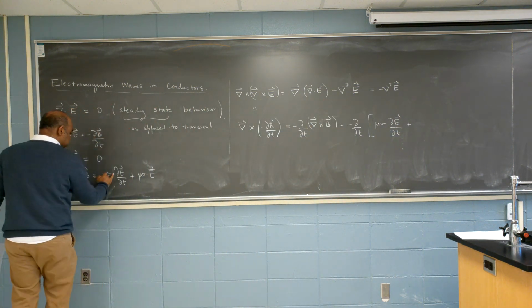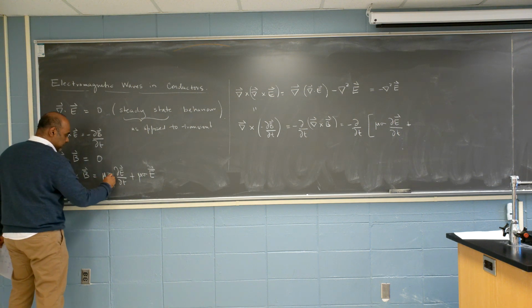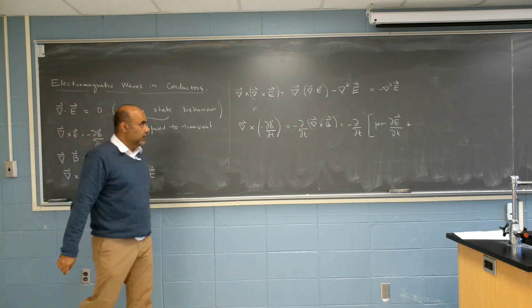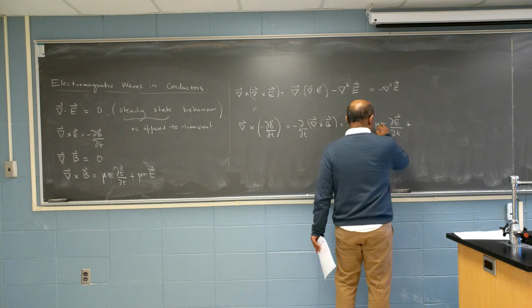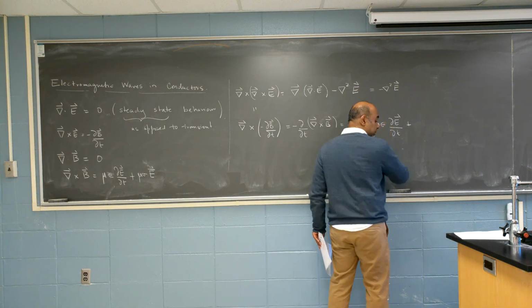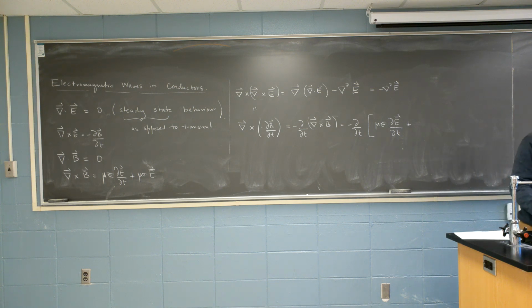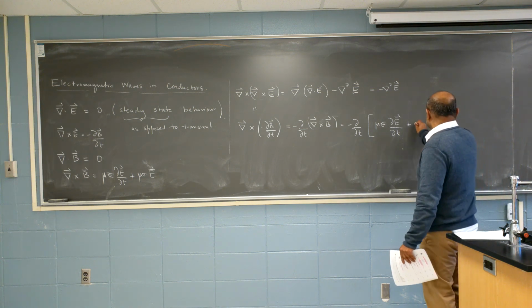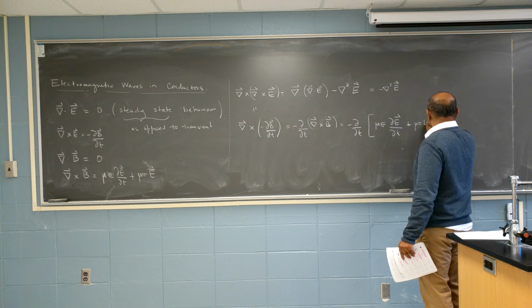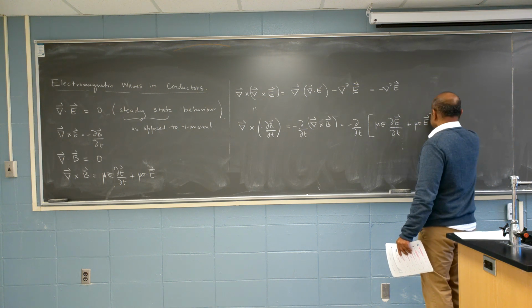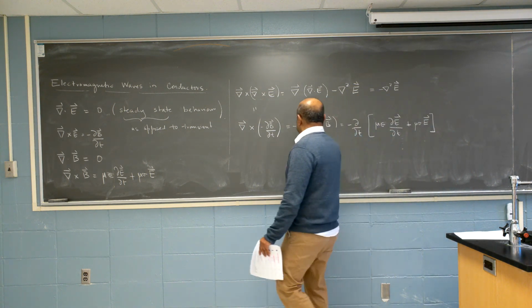This is mu epsilon dE dt, isn't it? Sigma comes from the J. Yep, mu epsilon dE dt plus mu sigma E.